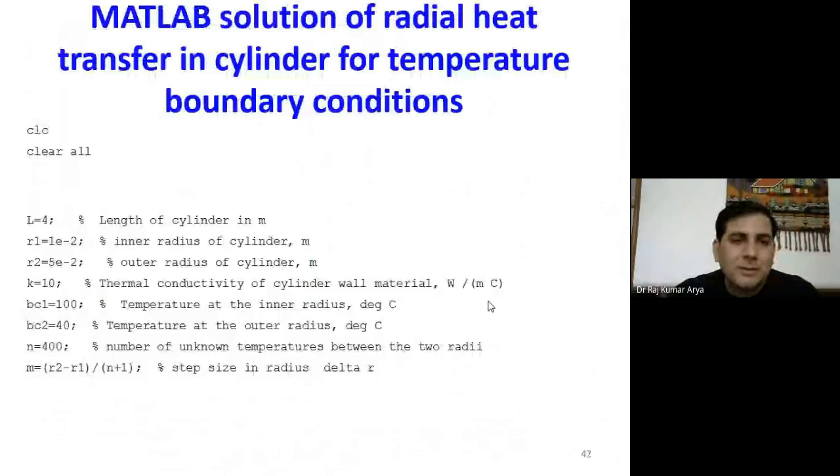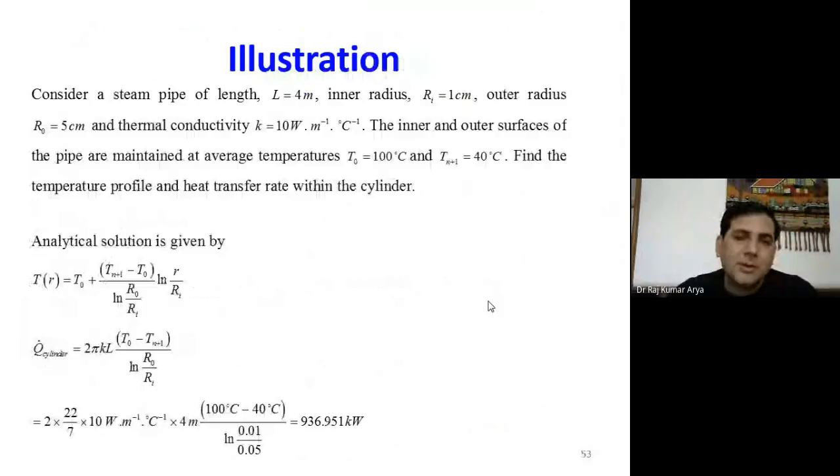So this is the problem statement to be solved: you have a steam pipe of length L of 4 meters. Inner radius is 1 centimeter, outer radius is 5 centimeter. Thermal conductivity is 10, and the inner and outer surfaces of the pipe are maintained at temperatures T naught of 100 degrees Celsius and Tn plus 1, or let's say TR2, of 40 degrees Celsius.